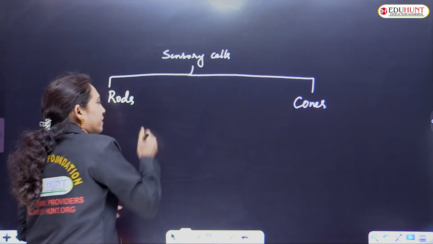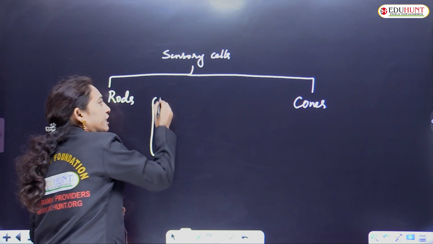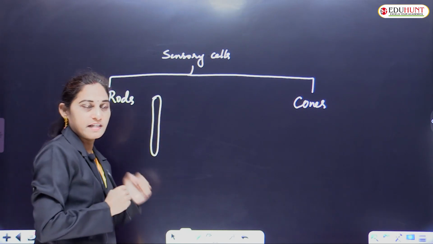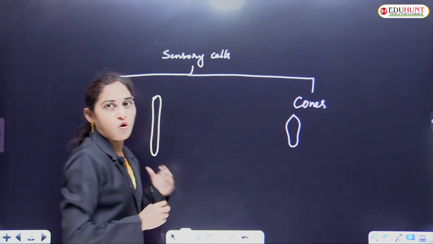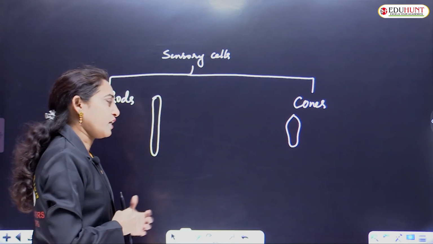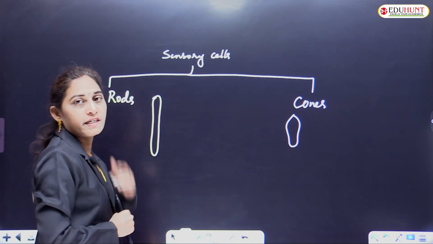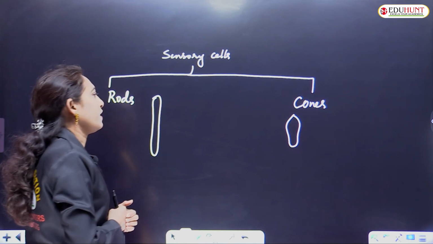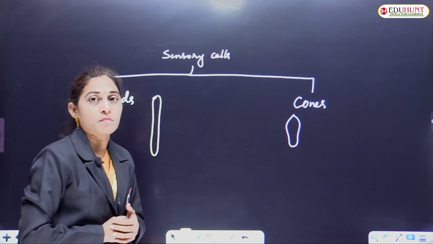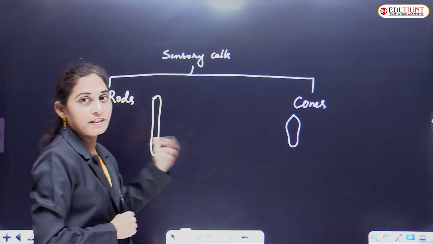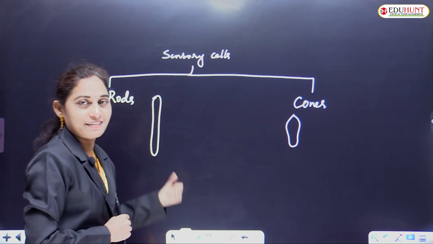Rods are rod-shaped, elongated, thick cells, whereas cones are somewhat small cells, thicker but smaller in size. Anyway, whatever be the shape, they perform during different brightnesses.